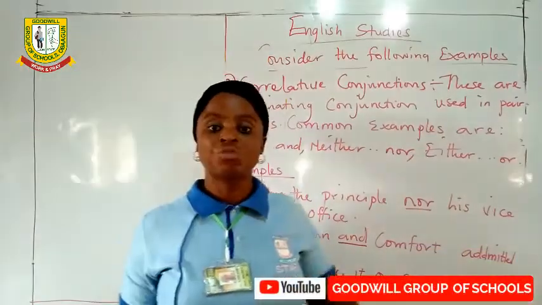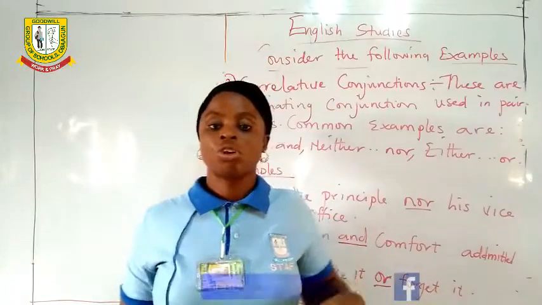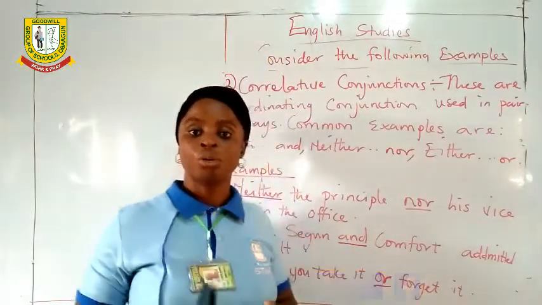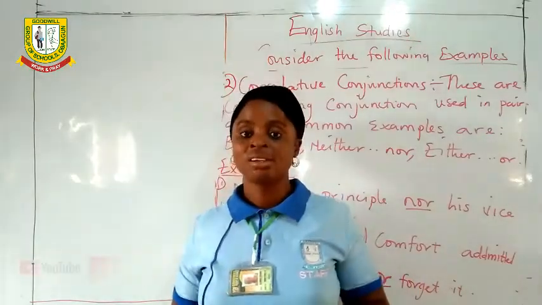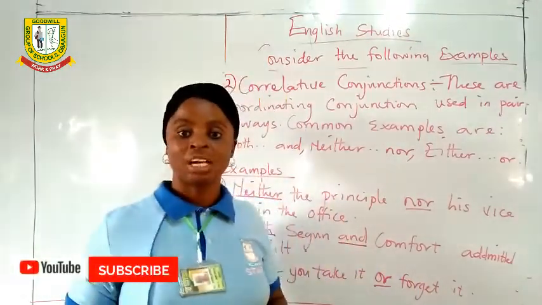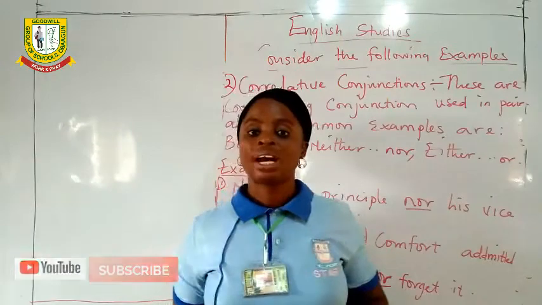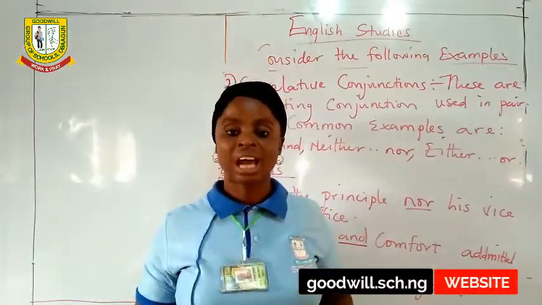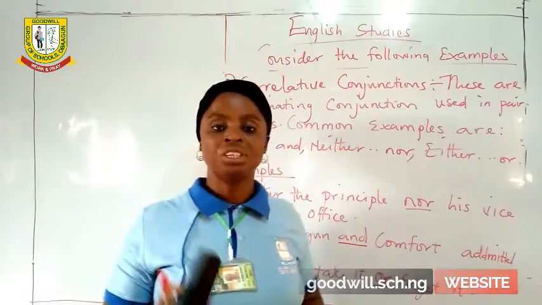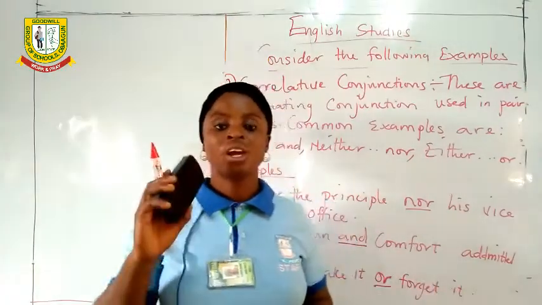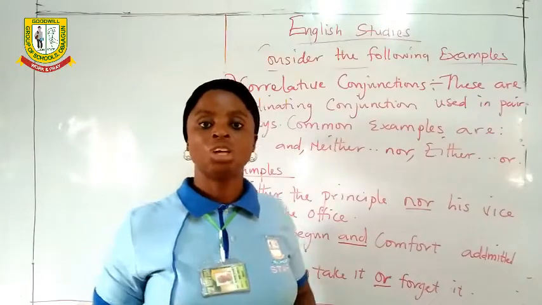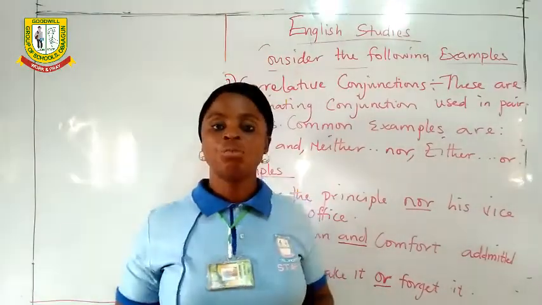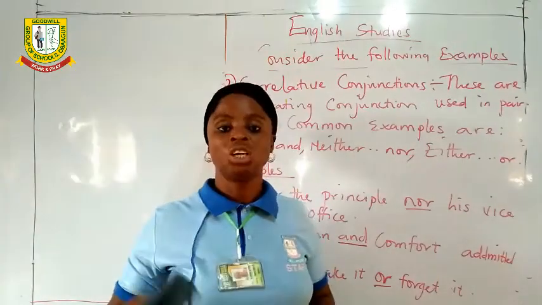I've given examples of conjunctions such as and, before, both, neither, since, and so on and so forth. I said it should be noted that conjunctions are used to join phrases, to join clauses, and to join sentences together.